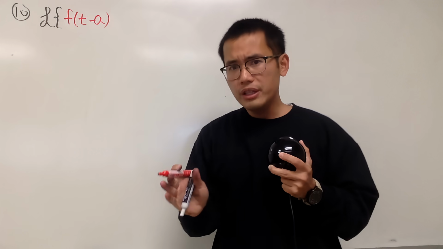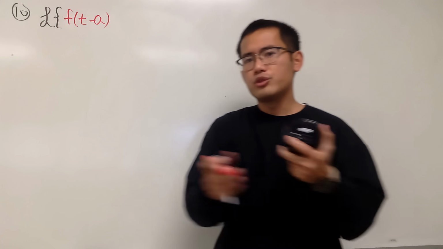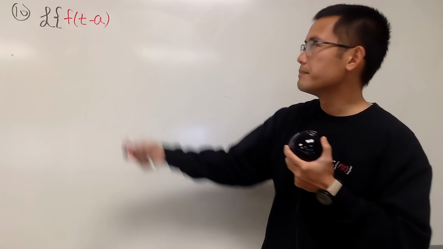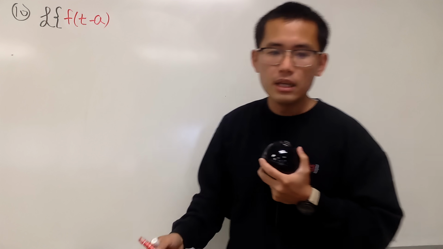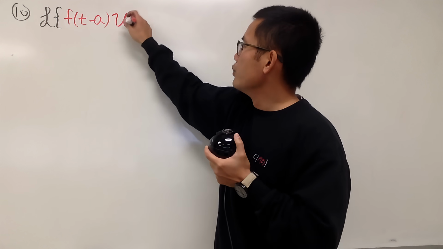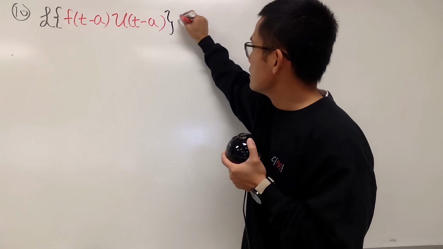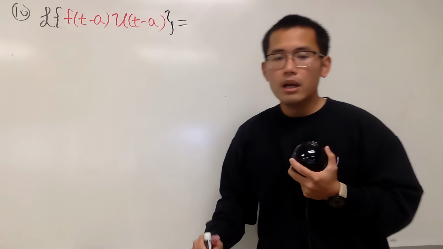And you see, usually it's just f of t, but when you have f of t minus a, that's how you shift the function, either left or right, depends on what a is. And then, not only this though, we also have the unit step function after that. So this is the first one for number 10.